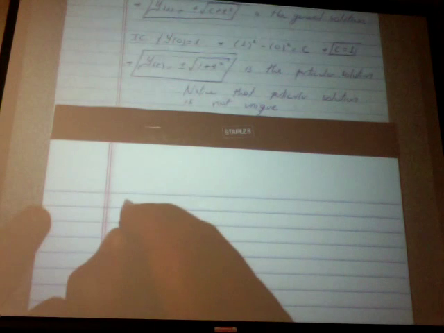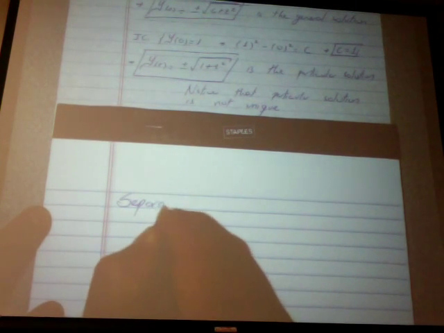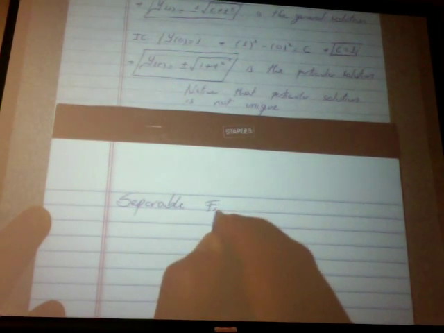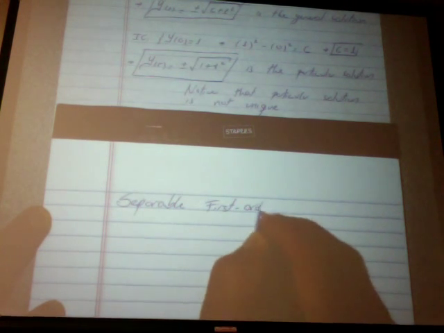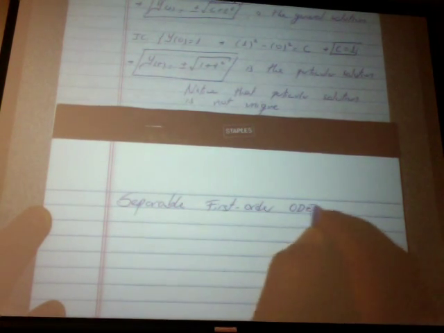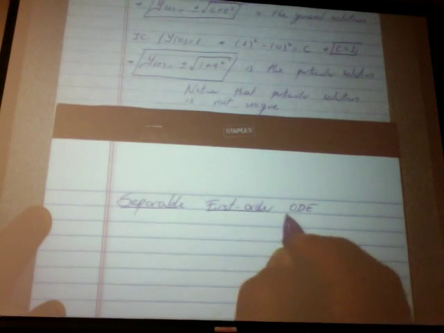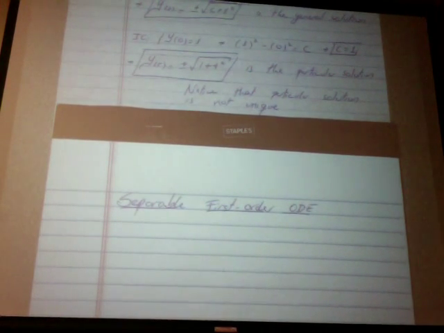Again, some of which might be old to you. And the easiest ones for general first order ODEs, again, when I say general, they could be nonlinear, is when they're separable. So if the equation is separable, then it is easy to get to an answer.